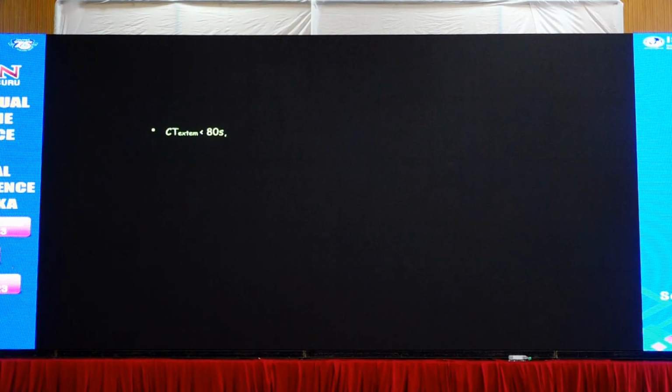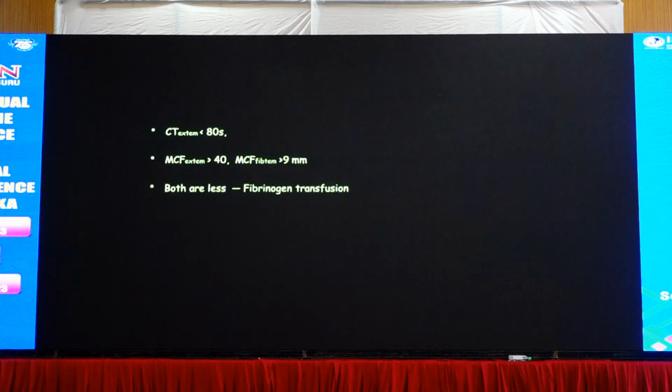Now, there are no such fixed algorithms, but basically these are the normal values, and there are different reagents with ROTEM. You have EXTEM, you have FIBTEM or APTEM reagents. If both EXTEM and FIBTEM are less than these values, then obviously you require fibrinogen transfer, cryoprecipitate, or fibrinogen concentrate.